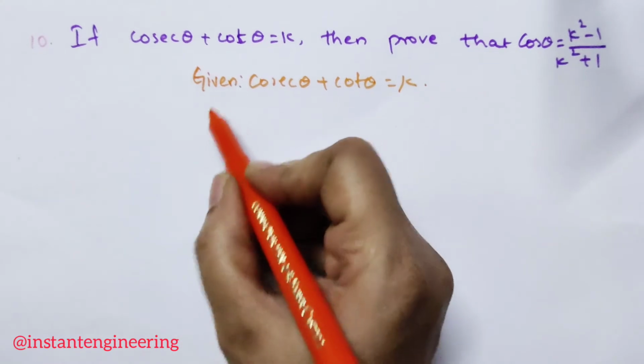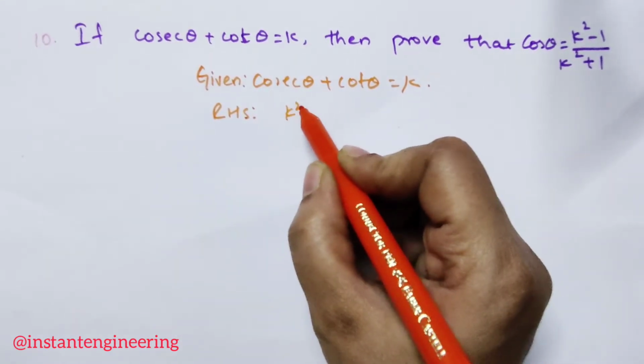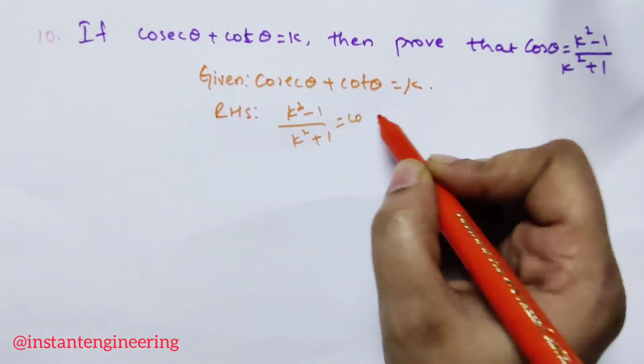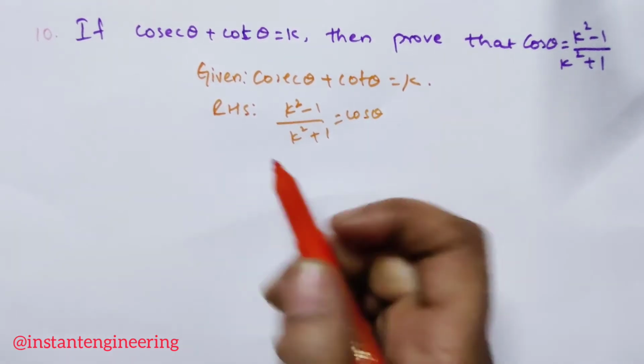Now, taking the RHS, that is (k square minus 1) by (k square plus 1), we need to show it is equal to cos theta, that is, cos theta is equal to (k square minus 1) by (k square plus 1).